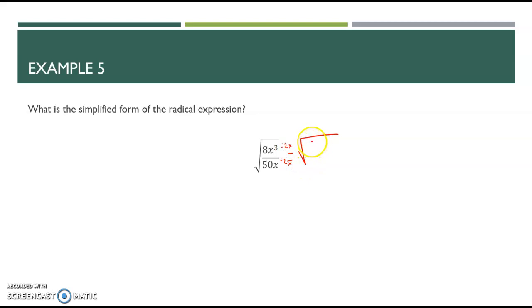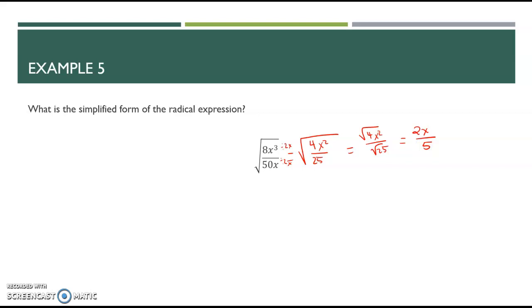And so then I'm going to end up with 4x squared over 25. No x because we divided by x. Then that becomes the square root of 4x squared over the square root of 25, which gives us 2x over 5. And that's our final answer for that one.